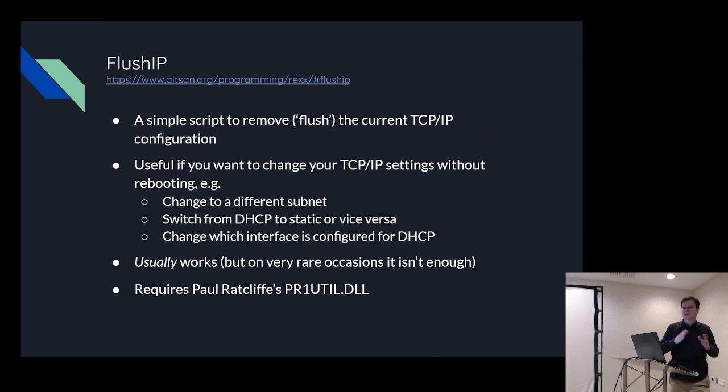DHCP can only be used on one interface at a time, at least if you're using the standard IBM DHCP client. So you have to change your IP configuration on both network cards so that a different one is now using DHCP. Again, as a starting point, first thing you have to do is just clear out the configuration.